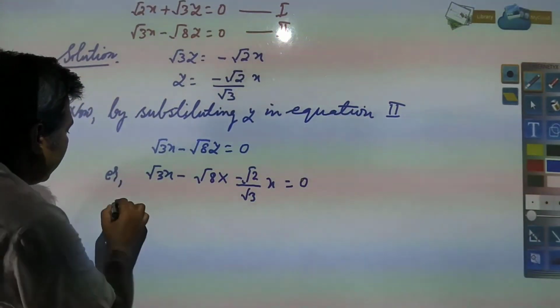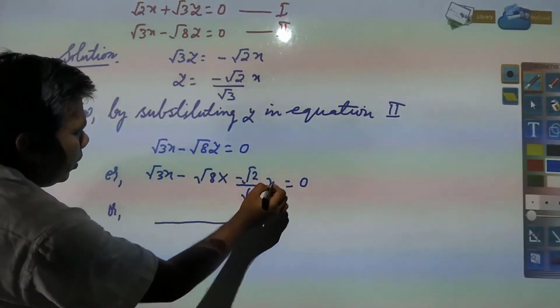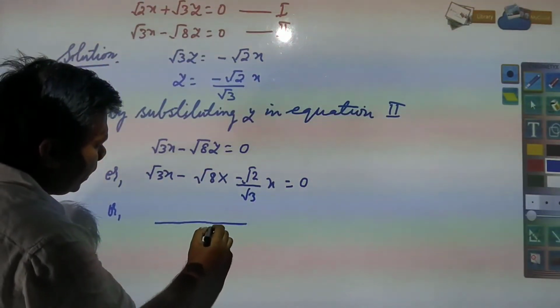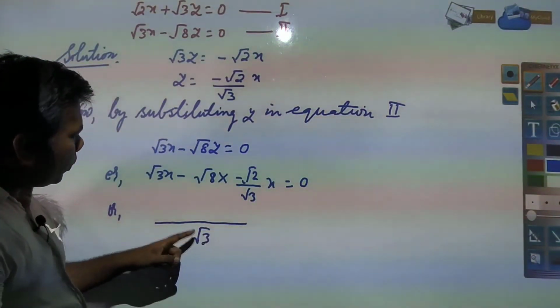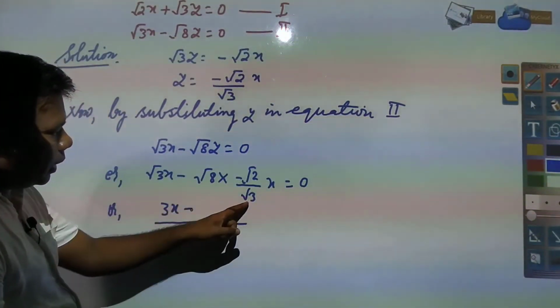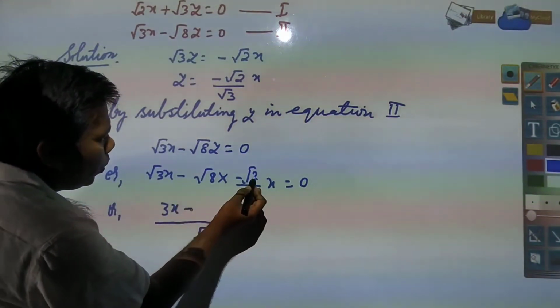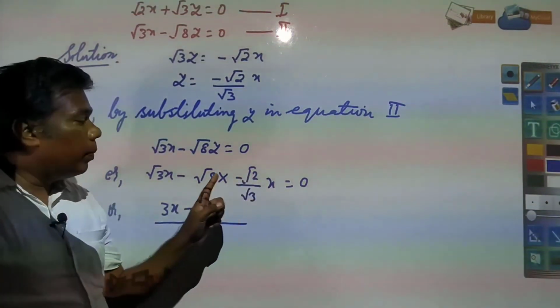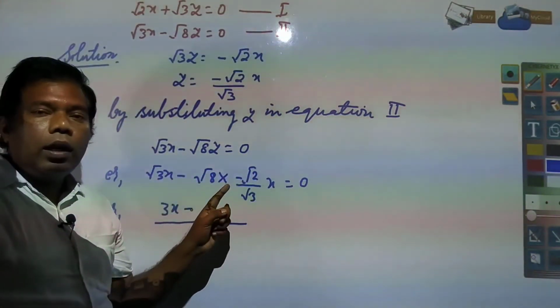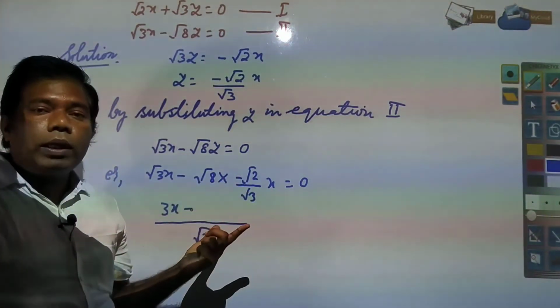Now we will simplify this. Here you see, this is one term, so root 3 will be your LCM. Root 3 into root 3 you will get 3x minus, here you see what you will have, root 8 into root 2 will become root 16, and root 16 you know is 4.